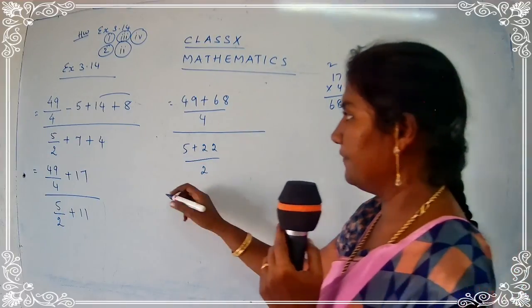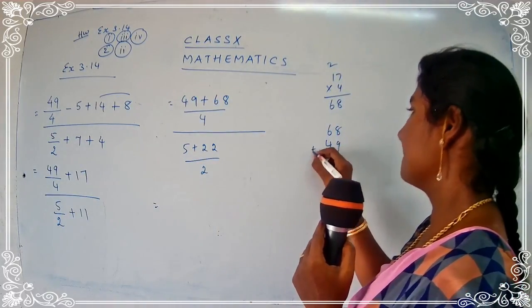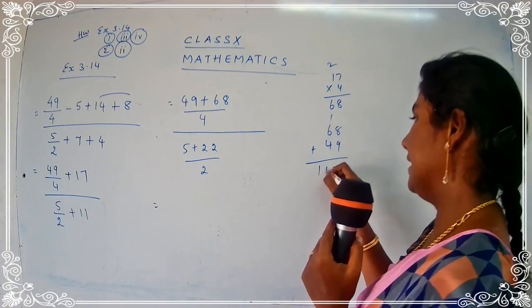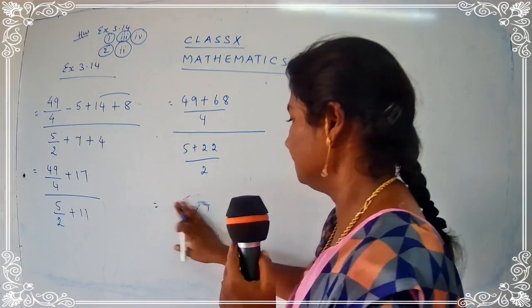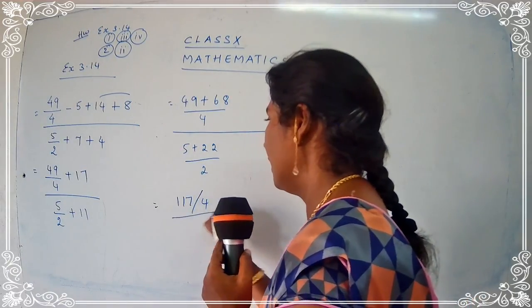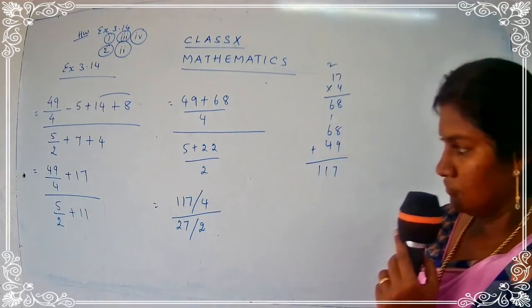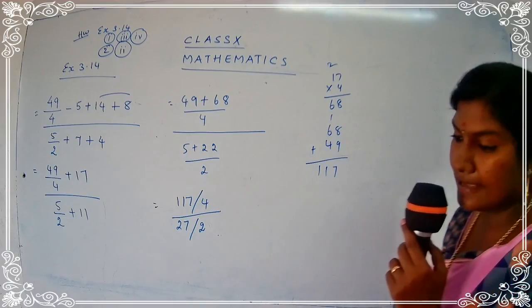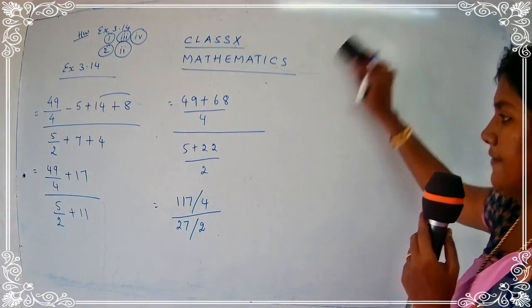So let's simplify this. What do you get here? 68 plus 49, 117 upon 4 upon 27 upon 2. So what is that? 117 upon 4 upon 27 upon 2.